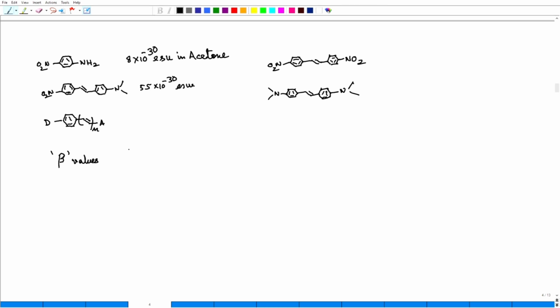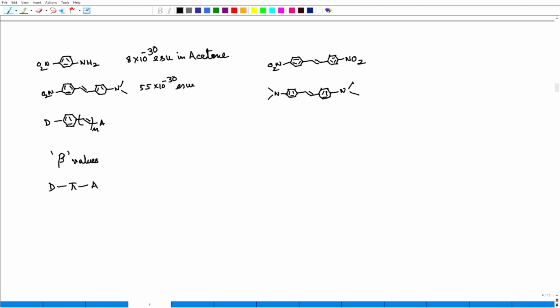So it is donor, pi, and acceptor. As we increase the pi, so will the value of beta.